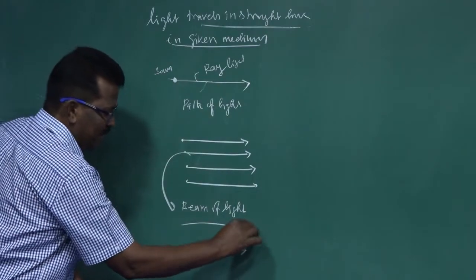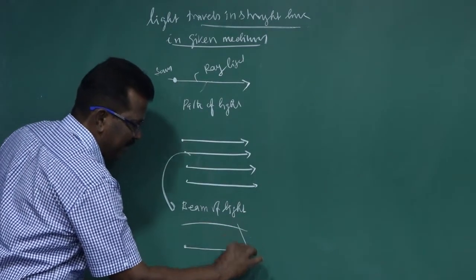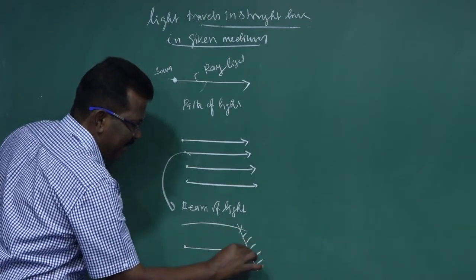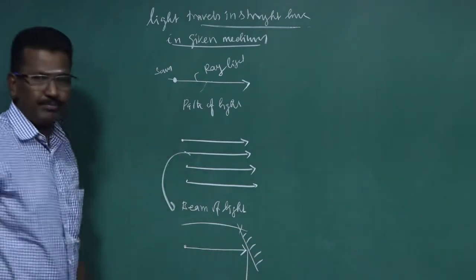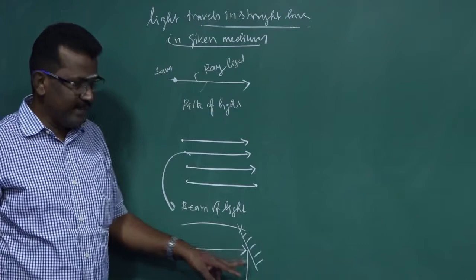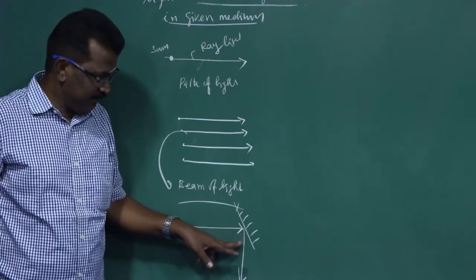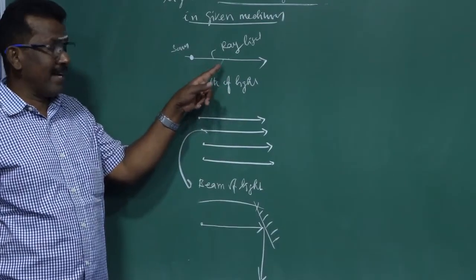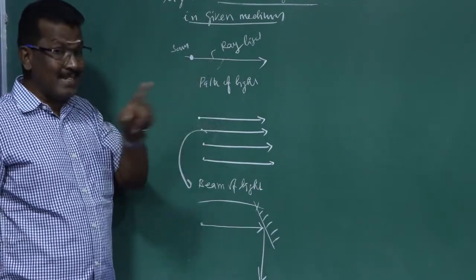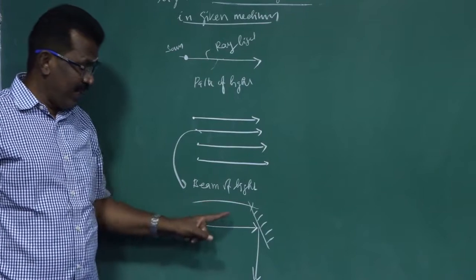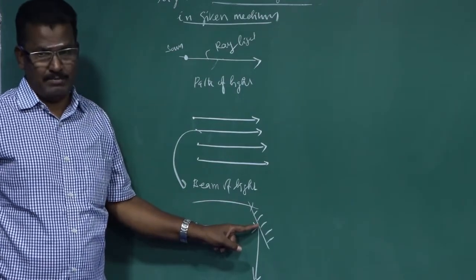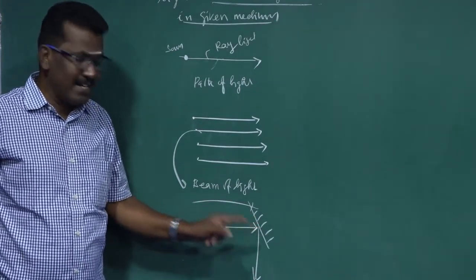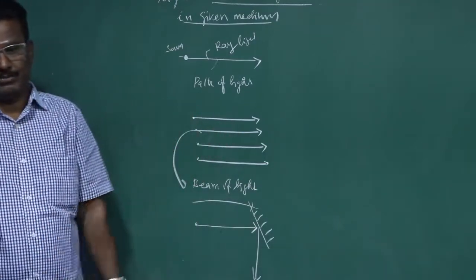If any obstacle is placed in the path of the light, it immediately changes direction. The direction is also a straight line. Light travels in a straight line in a given medium, but it changes direction when the light is incident on an obstacle. After incidence, it changes the direction.